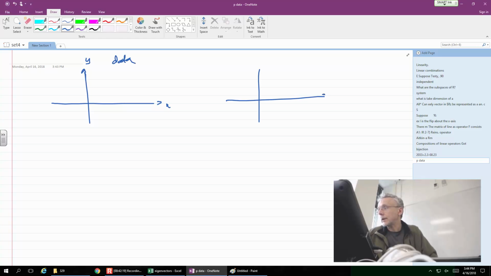Let's start here with the data. What if the data looks like this? I'm trying to have like 100 dots here. Does it look familiar?